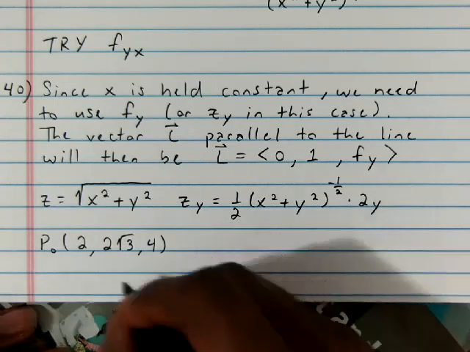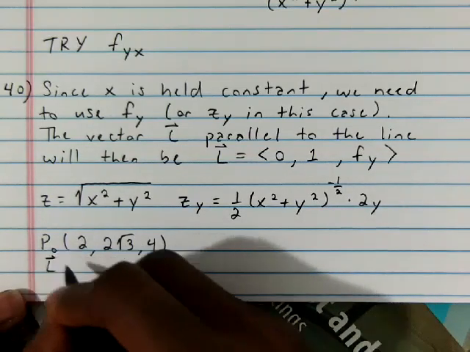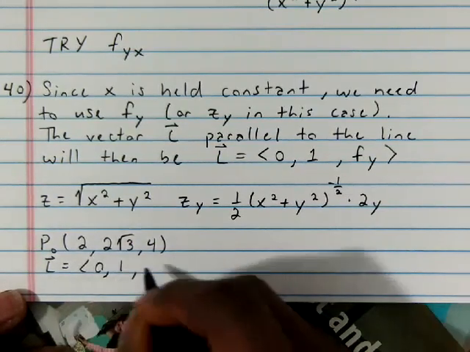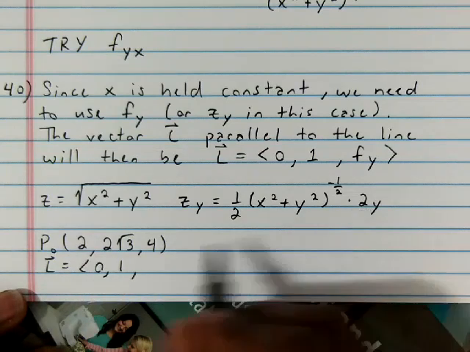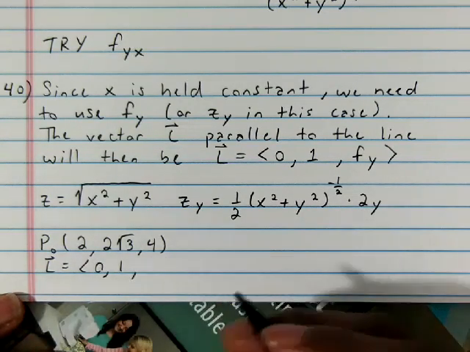I'll quickly do that with our vector L, and then I'll let you all put the symmetric equations together. So L is going to be equal to 0, 1, and now I'm taking this point and putting it in there, and that'll give you your actual point and actual vector to use to put together your symmetric equations.